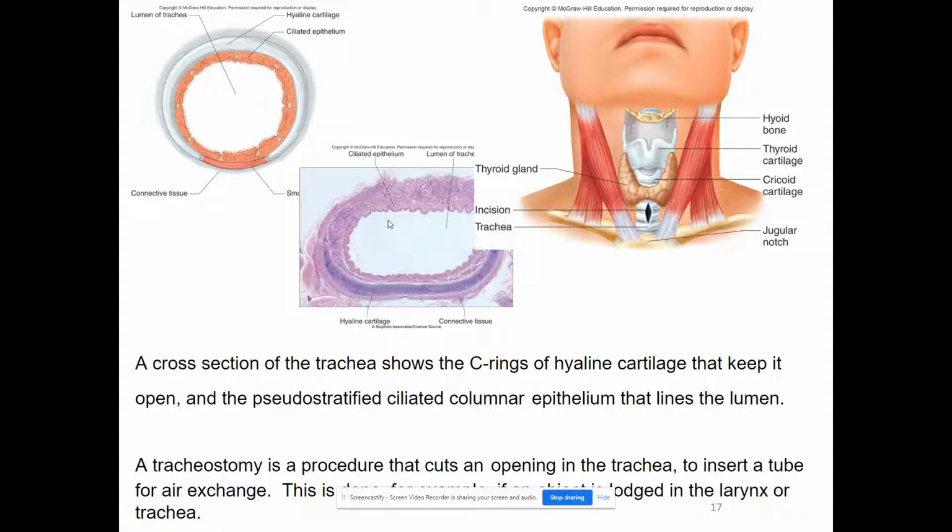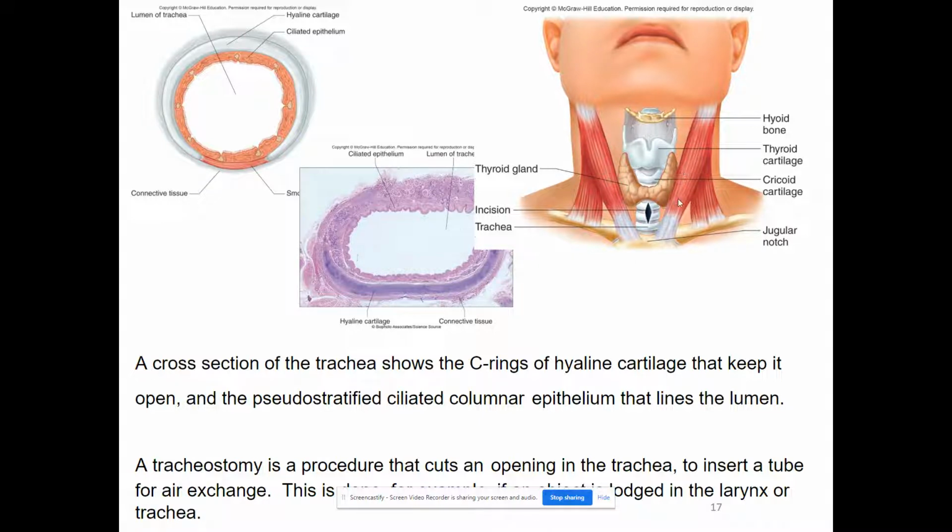Let's talk about a tracheostomy. A tracheostomy is when a hole or an incision is created in the trachea and a tube is inserted, to allow breathing or ventilation to occur. A ventilator can be connected to the incision. This happens if someone is choking.